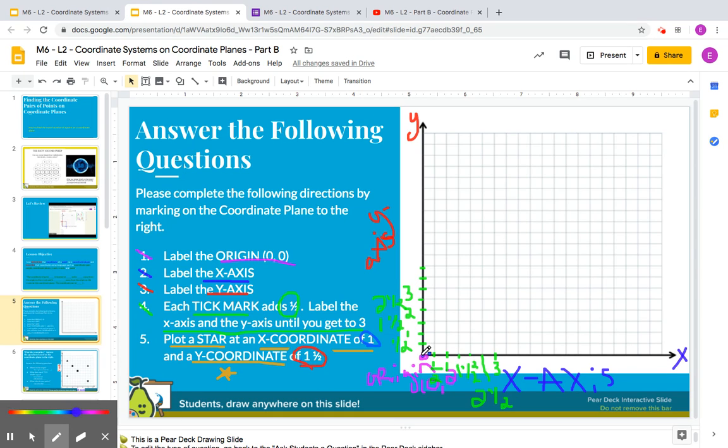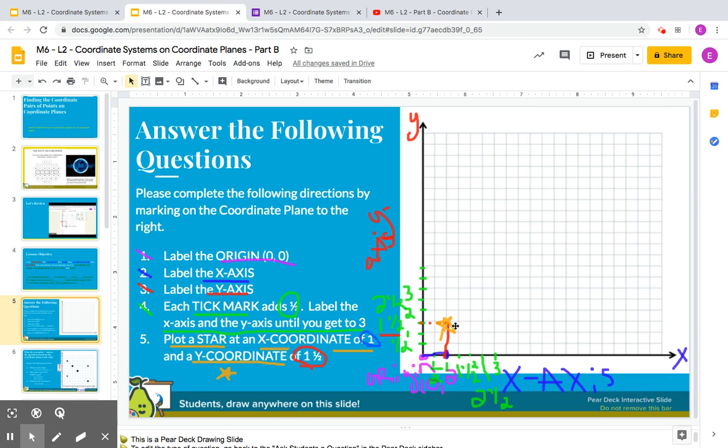So let's start at origin, go over 1/2, 1. So my x coordinate is 1. Now I have to go up 1.5 to y. So 1/2, 1, 1.5, and it matches with my labeled tick mark off to the side. And that's where I'm going to plot my star.